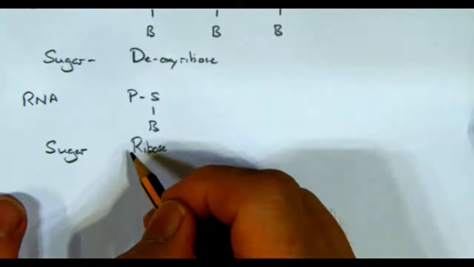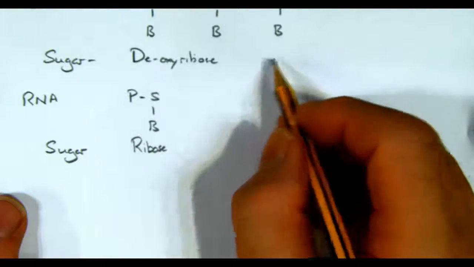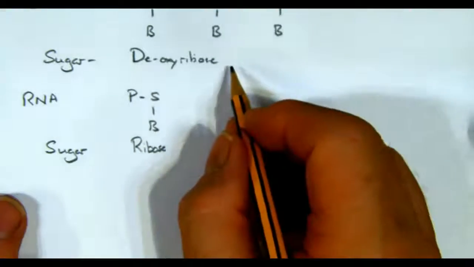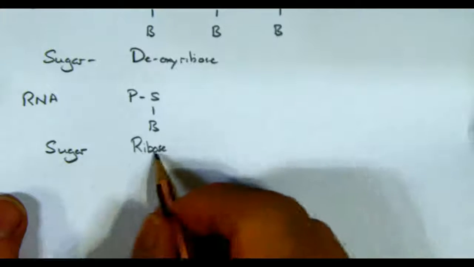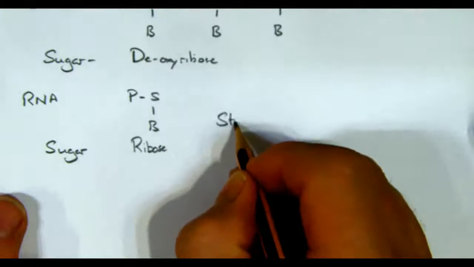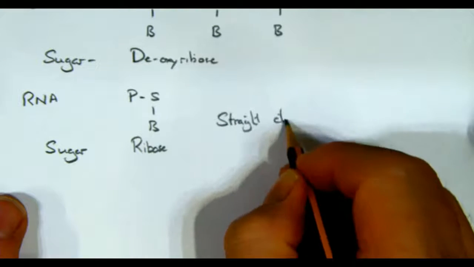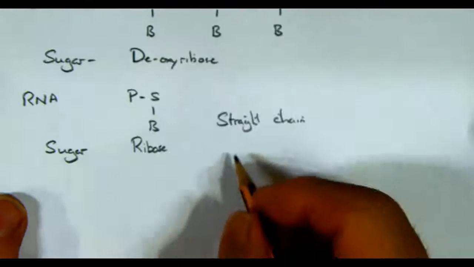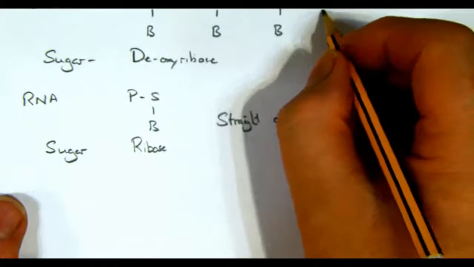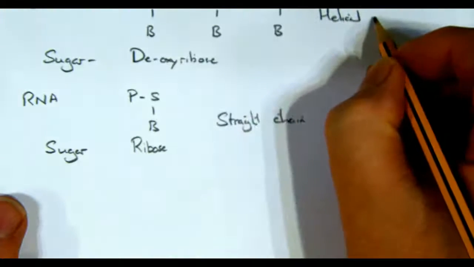What's the difference? Well, the deoxyribose changes the shape very, very slightly. So the sugar here is going to enable a straight chain. And this is going to form more of a helical chain.